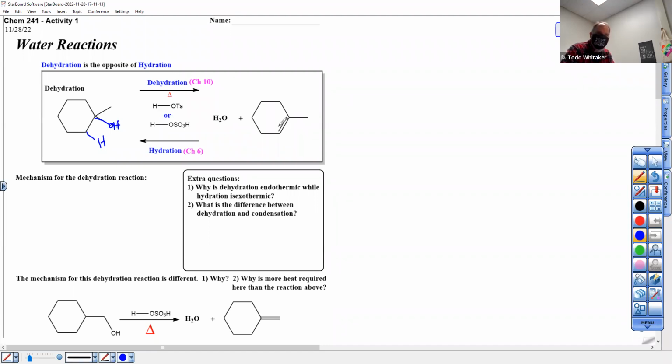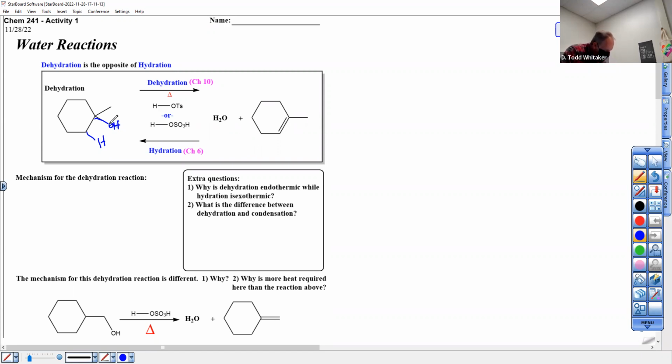Grab a beta hydrogen, make a new pi bond between alpha and beta, and the leaving group leaves from alpha. Does this sound familiar? Because in chapter 9, we did exactly that. It was called elimination. Elimination makes pi bond. And yes, you're making a new pi bond.